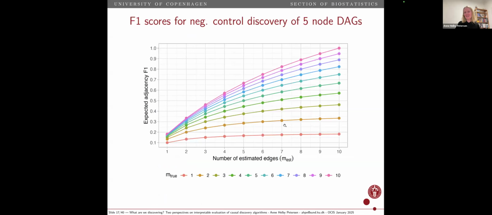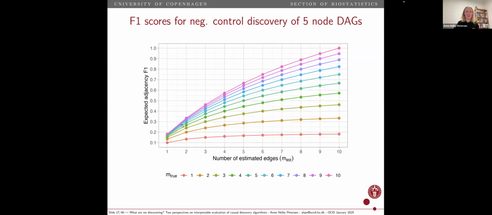But just to show you what that looks like, here we have the expected adjacency F1 score. This is the setting where we have a 5-node DAG. A 5-node DAG can have 1, 2, 3, 4, up to 10 edges. So those are the true number of edges. And then we can choose to estimate 1, 2, 3, 4, up to 10 edges. And as you can see, we can optimize this simply by putting in more edges.